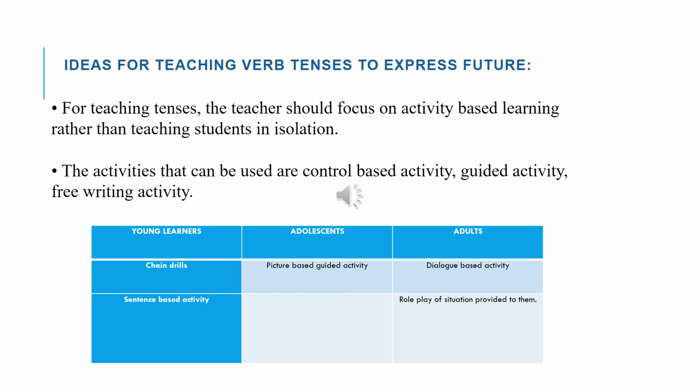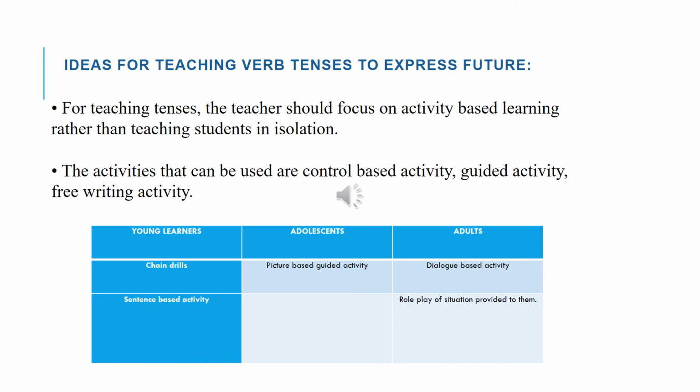Because you cannot teach adult learners the same way you teach young learners. The activity and the techniques will be different, keeping in mind the students. And the other thing you have to keep in mind is the nature of the activities. There are basically three types: control, guided, and free writing activities.